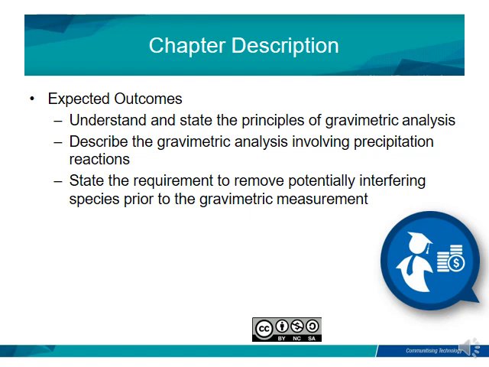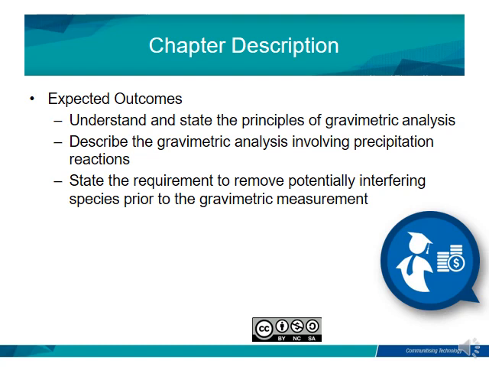So here is the chapter description and what we expect that you will get after you learn this subtopic. Okay, so here is the expected outcomes. You'll be able to understand and state the principles of gravimetric analysis. You also will be able to describe the gravimetric analysis involving precipitation reactions.